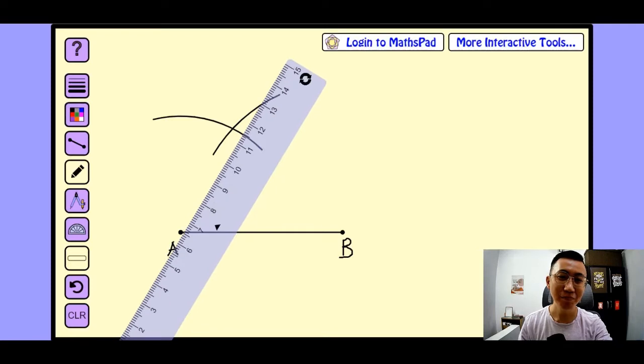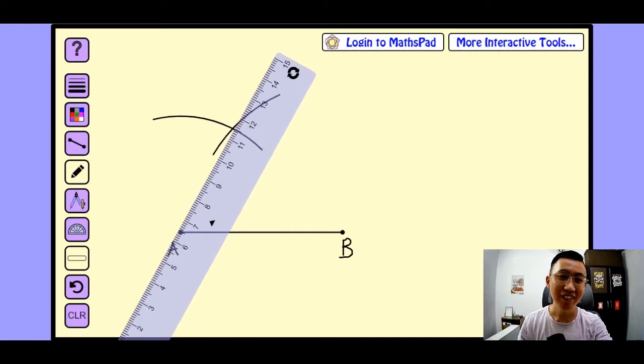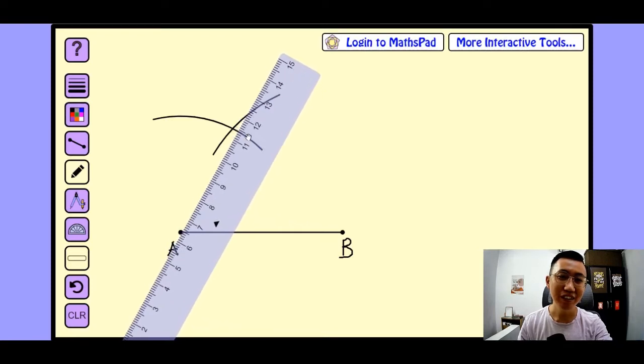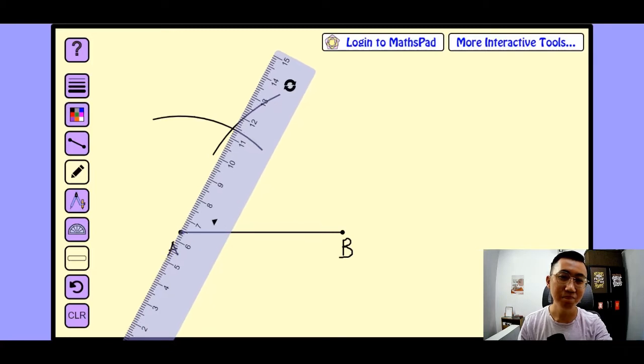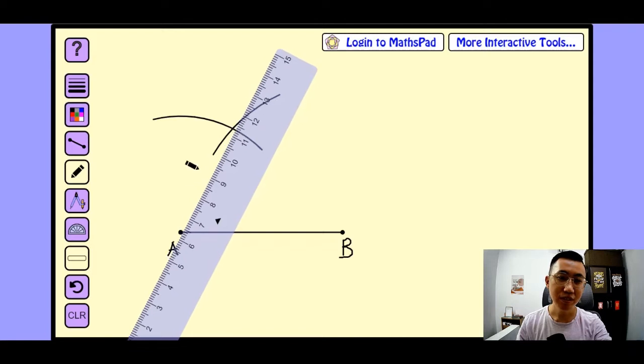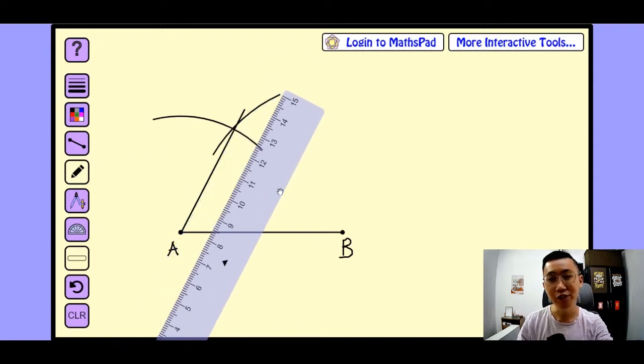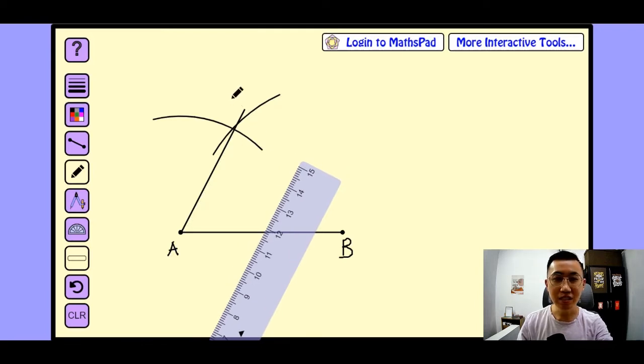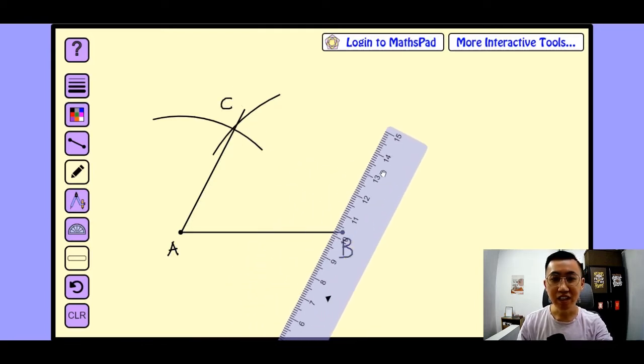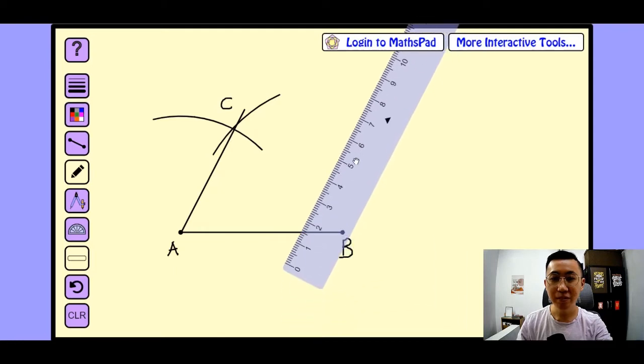Almost there. Okay, not yet. OCD triggering me. Okay, I think this is pretty good. Now we can join, right? Join. Oops. Draw. Okay, pretty good. So this is C, and then you shift your ruler towards the other side.